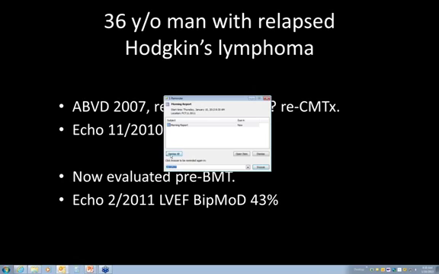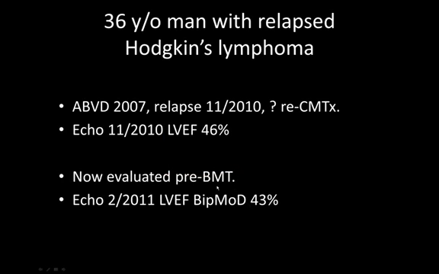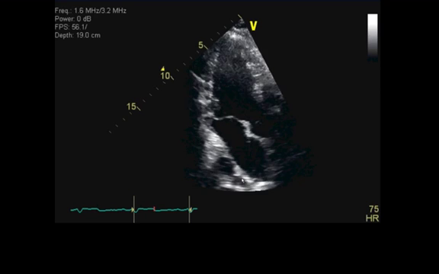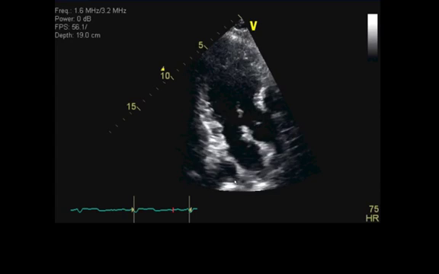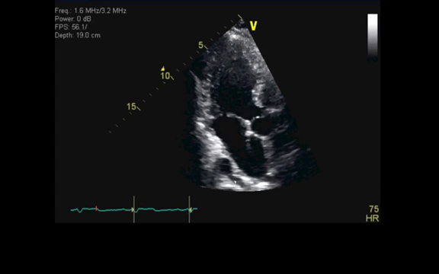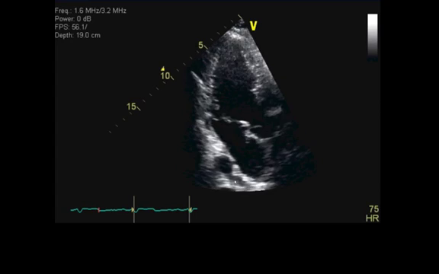On that same day, I took him very quickly to again measure his ejection fraction on echo, and with the biplane method of disc, it was still low. And this is a very athletic, very strong-looking 36-year-old guy with only the one toxic habit of smoking.